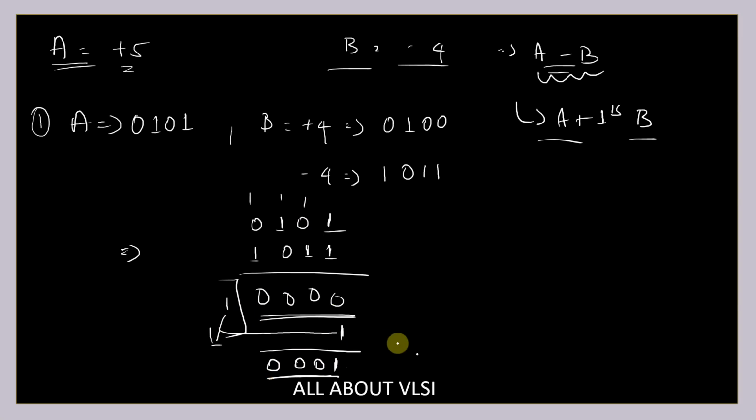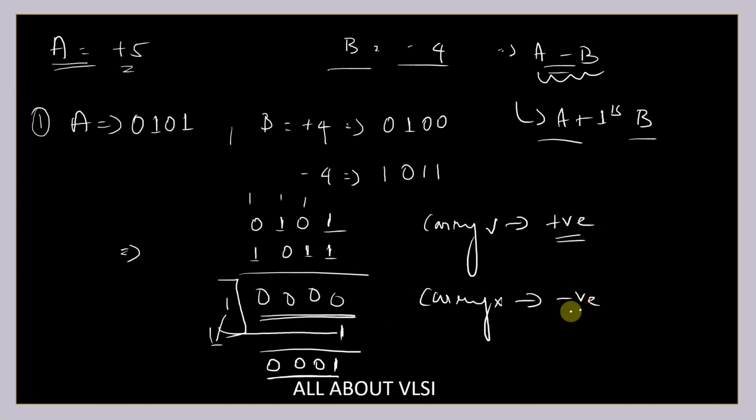This is my result. If you get a carry from the MSB, that means your number is positive. So if the carry is present, the result is positive, and you need to add that carry to the result. If you don't get a carry, then it's a negative number, and you just perform one's complement on that number to get your actual result.